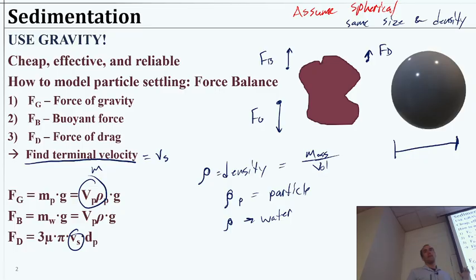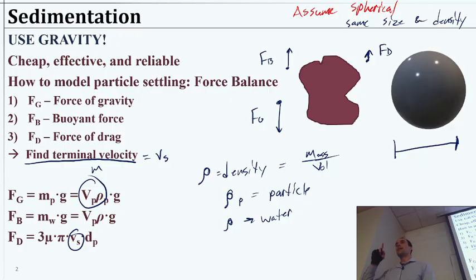So this is the formula for the force of drag. I think we could arrive there by taking the circumference and all that, but we're just going to take it for granted that's the force of drag. I'm not going to bother deriving the physics for that. I've forgotten it anyway. So that's just what it is.